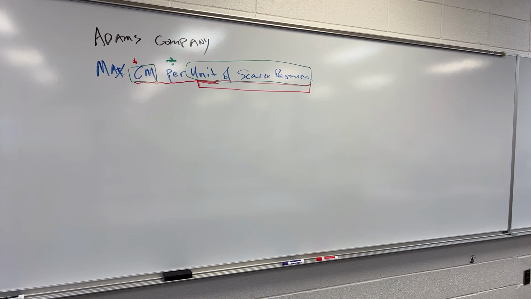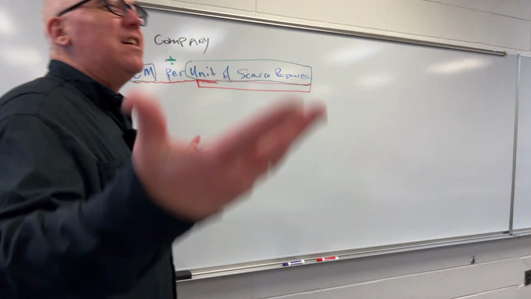So the required asks, how many of each product should Adams Company make to maximize income? However, because that preceding sentence says, fortunately for Adams Company, everything they make can be sold, the required isn't really how many of each product.